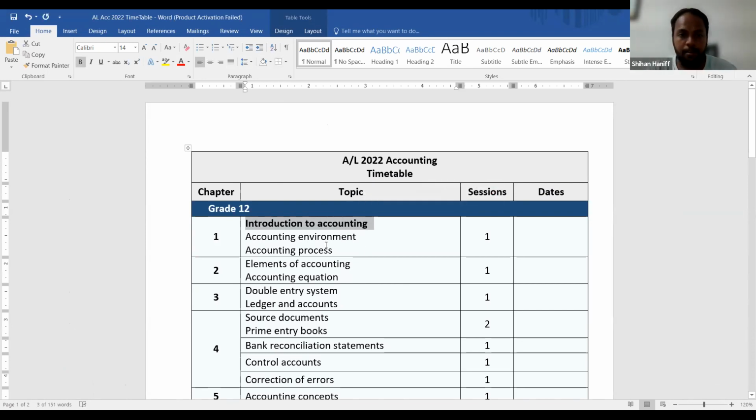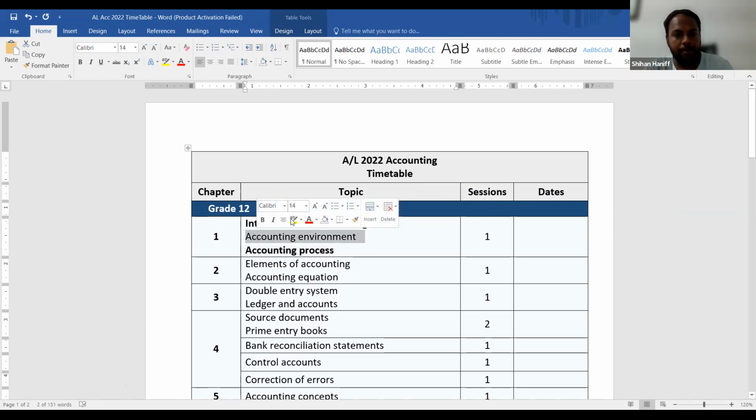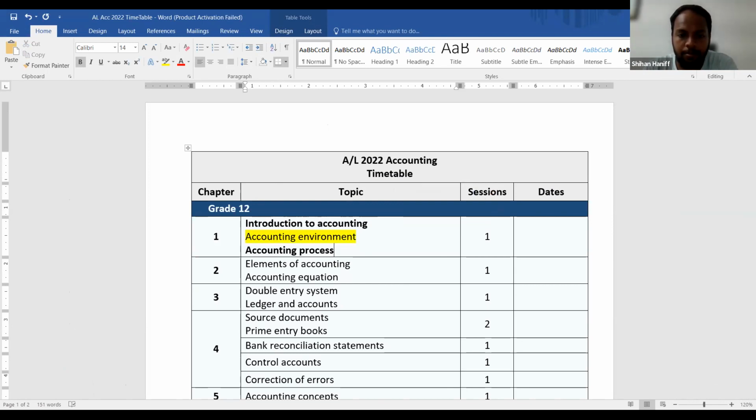Introduction to accounting, we have done. The accounting process also, we went through the process. Now there is another part, accounting environment. This is also very important. So let's go through that.